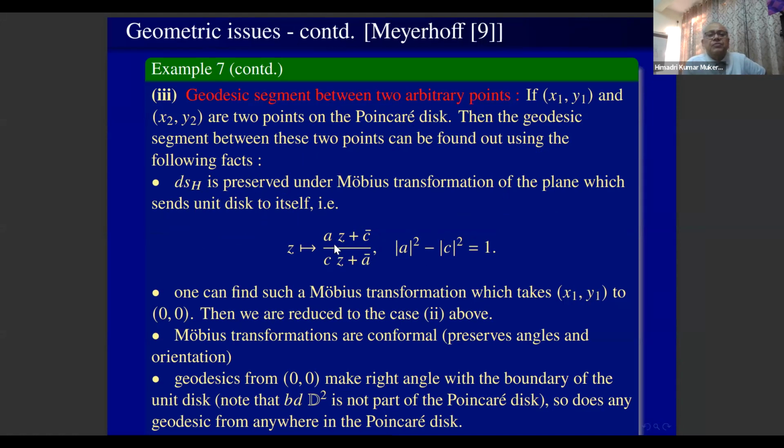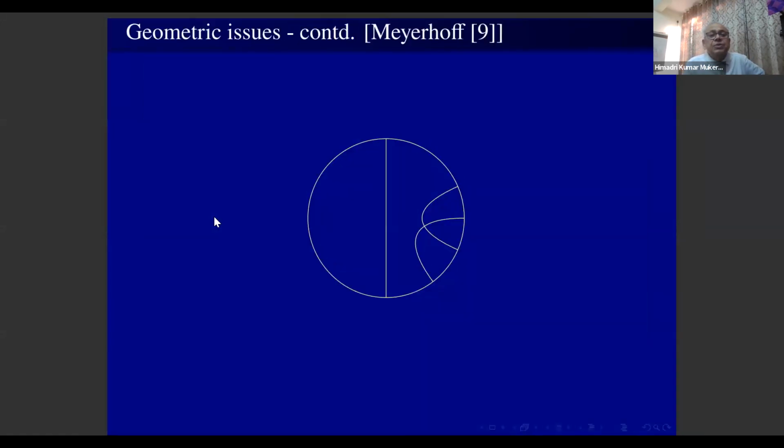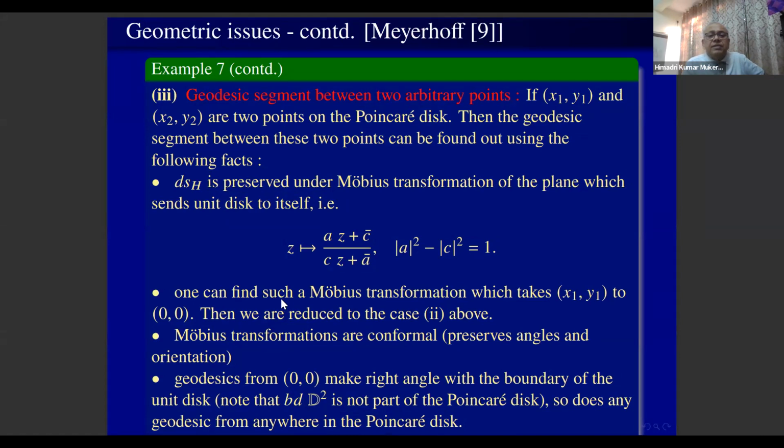That is one fact you have to use. The second fact is that one can find such a Möbius transformation which takes (x1, y1) to (0, 0). So we can always find a Möbius transformation which takes one of the points to (0, 0).